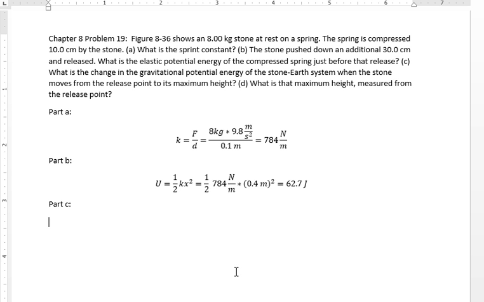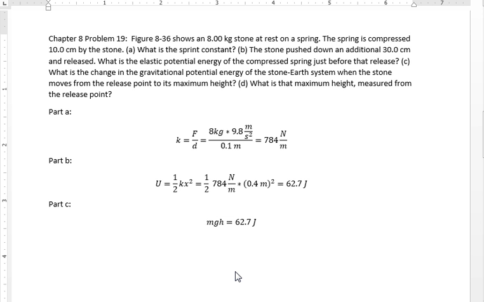Right? Energy is conserved. So what we're looking for is for mgh, the height of the rock, to give us 62.7 joules.